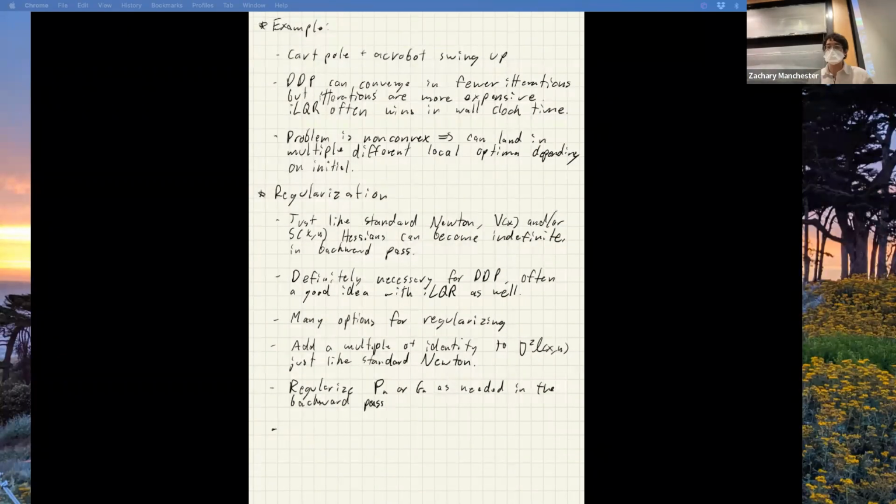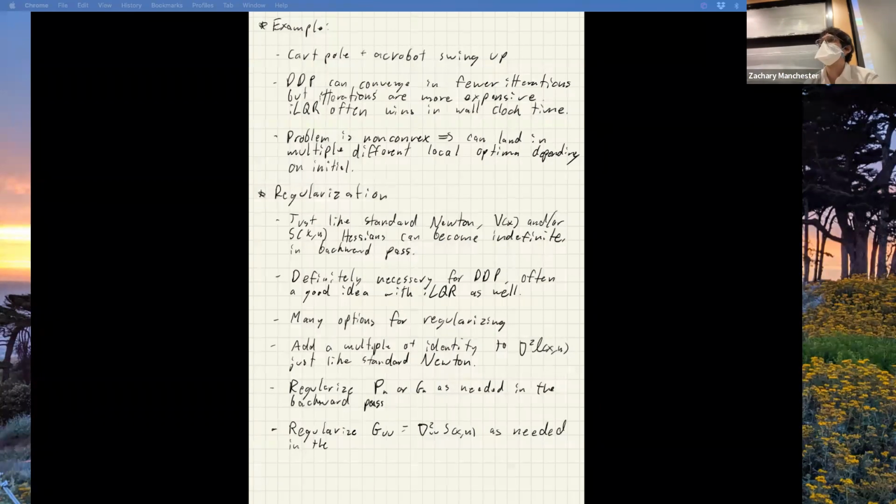Another option is you can just regularize. Those will work in all cases. You can also think about just regularizing the GUU block, just the one block of that action value Hessian. Why is that a good idea?